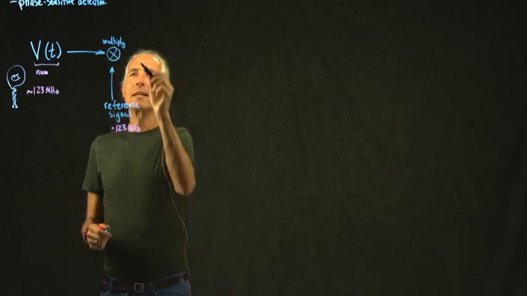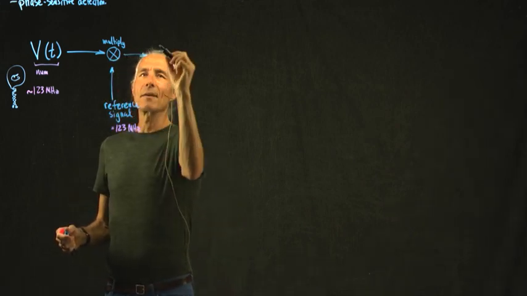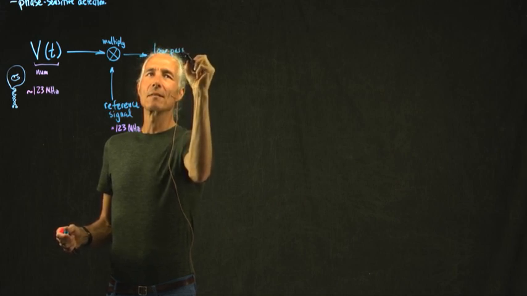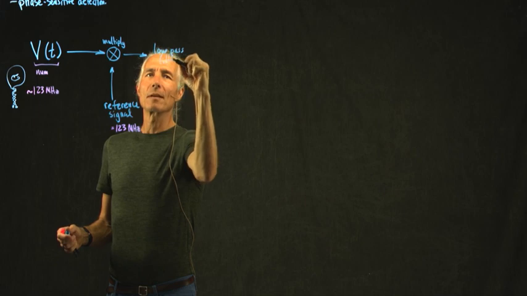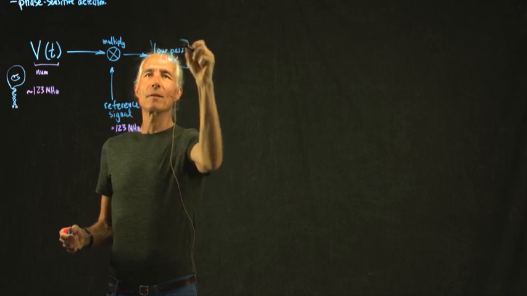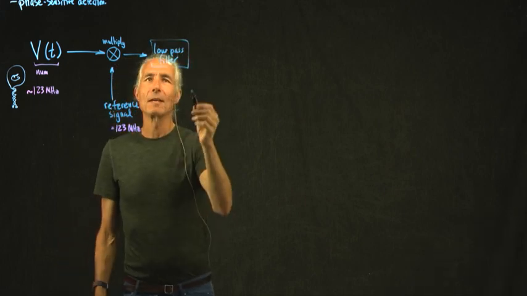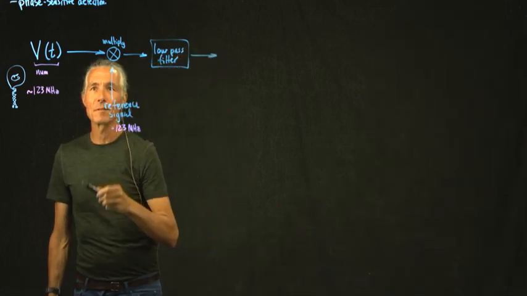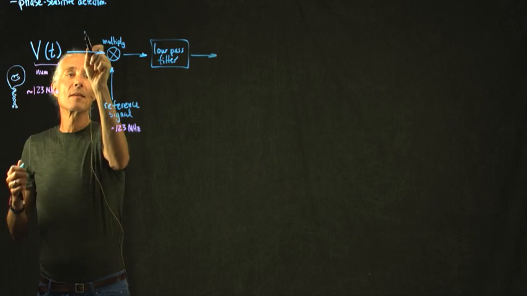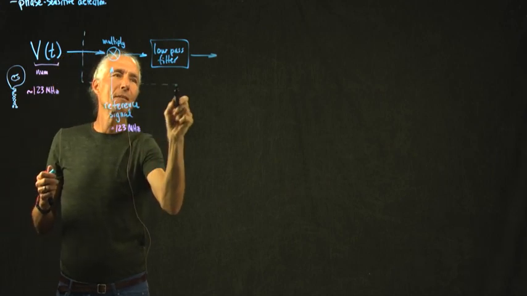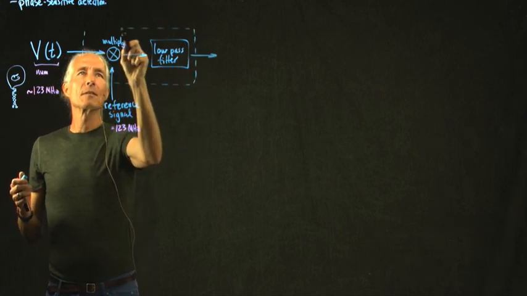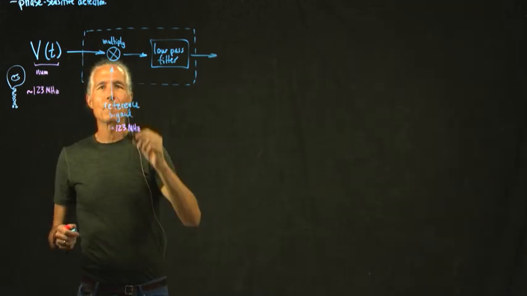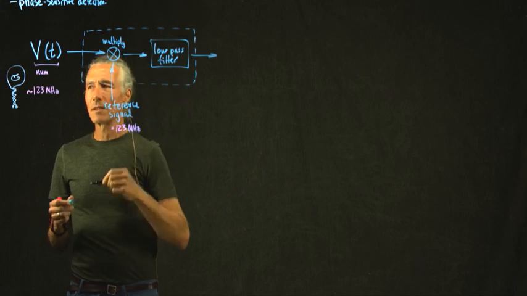Then we take the output of that, and we do what's called a low-pass filter, which means get rid of the high frequencies, and then we get a signal out of that. So this is our basic phase-sensitive detection device. It basically multiplies our input signal and then filters out some high frequencies.